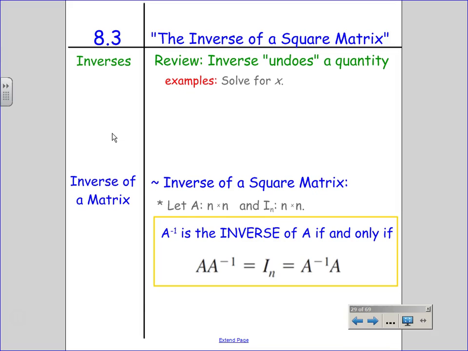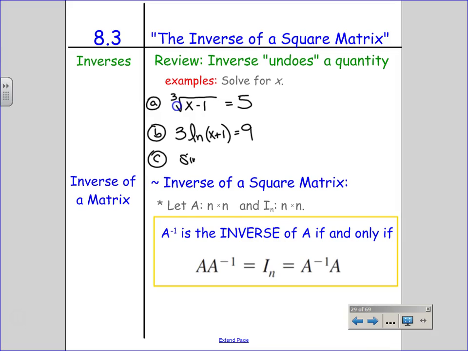If I had something like the cubed root of x minus 1 equals 5 and we needed to solve, or if I gave you something like 3 ln of x plus 1 equals 9, or if I gave you something like sine of 2x is equal to 1/2.